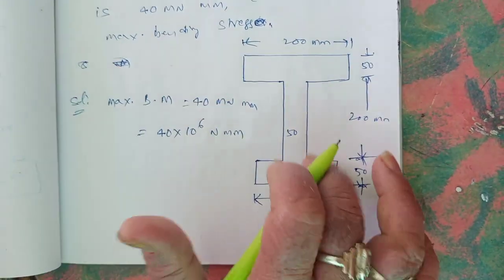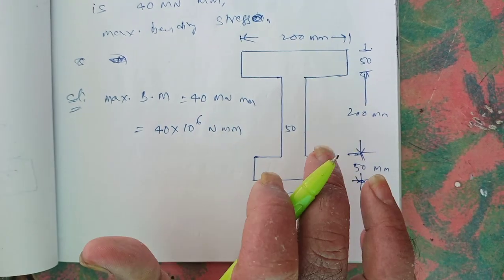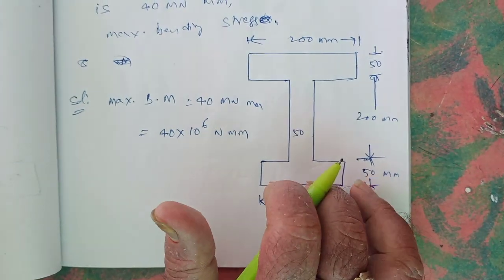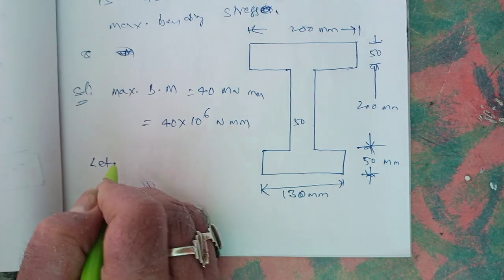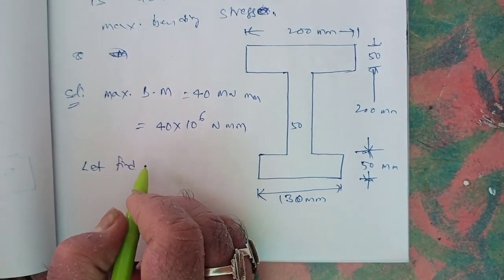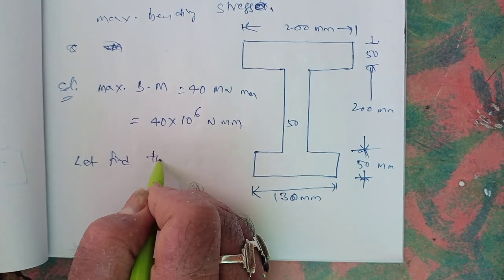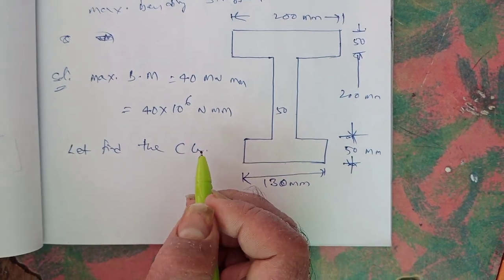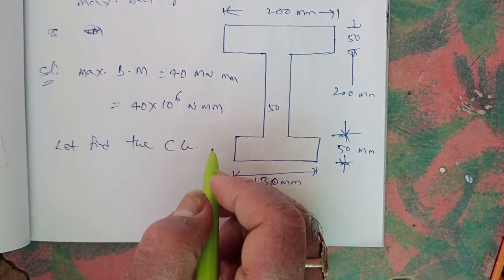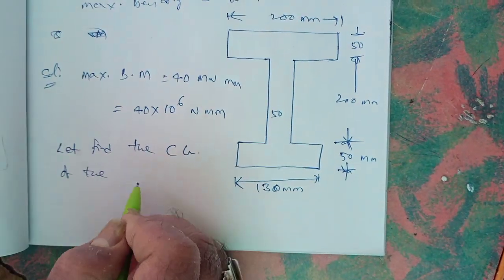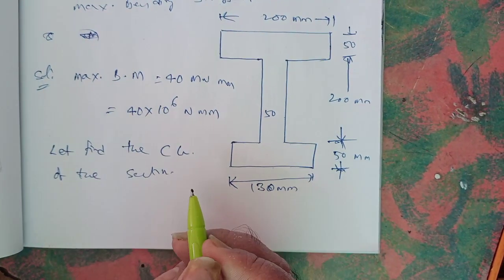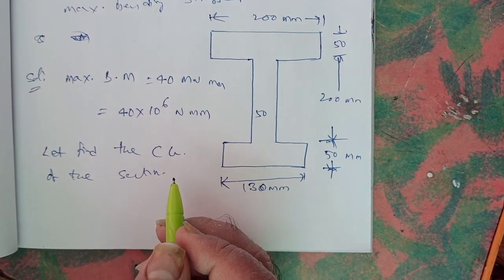For this section we have to find the center of gravity first. You can find the CG of the section.